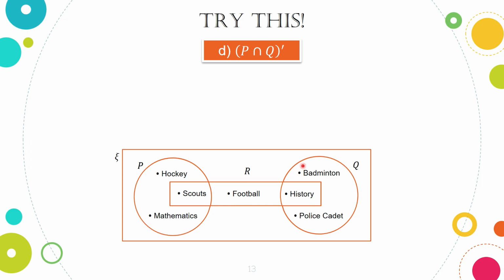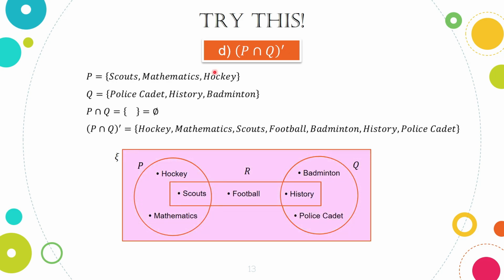Okay, now if anyone cannot answer this question, I will show you. This is the answer. First, you list down the set P and set Q. Then we determine the intersection of P and Q. We find the common element from both sets first. From set P: scout, mathematics, hockey. From set Q, there is no scout, mathematics, and hockey.